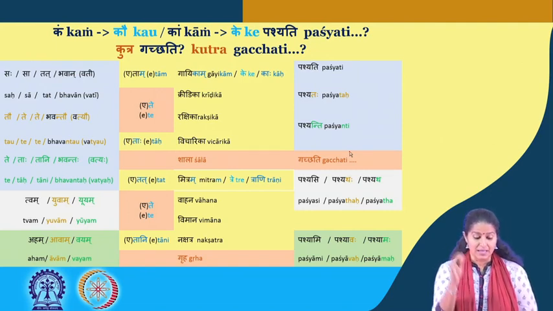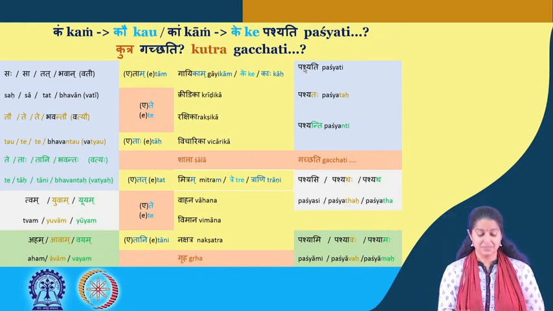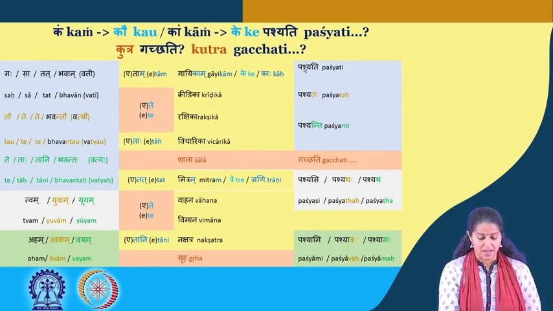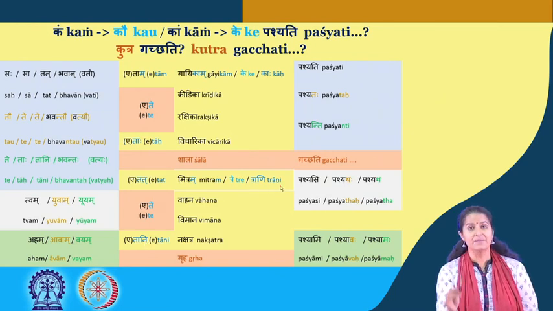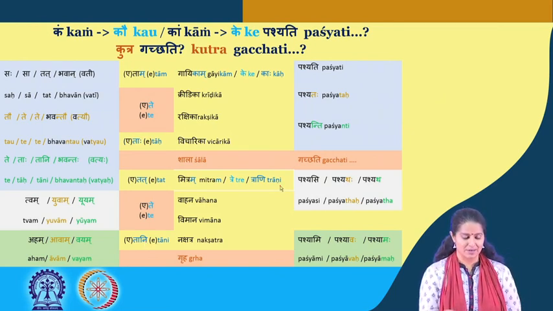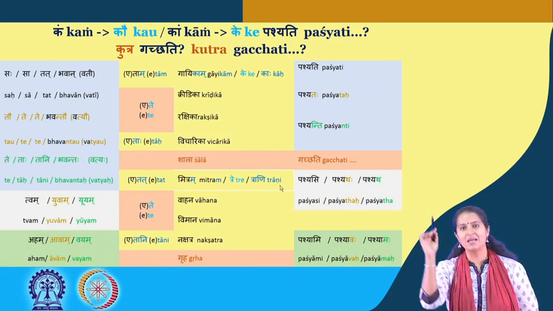So, saha tat mitram pashyati becomes saha te mitre pashyati. Plural, saha tani mitrani pashyati. Uttamam. We'll stick to the singular and dual. Saha tat vahanam pashyati, saha te vahane pashyati.